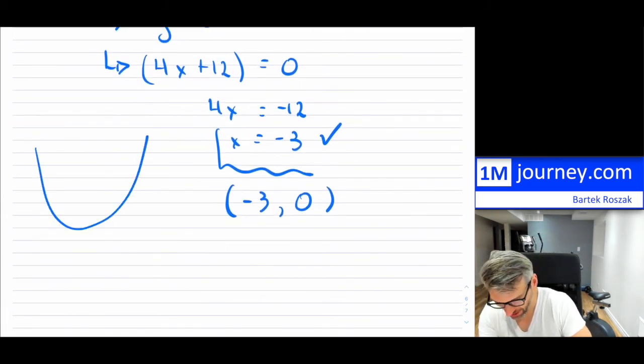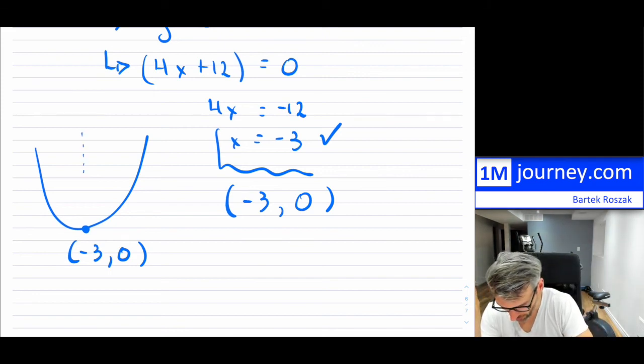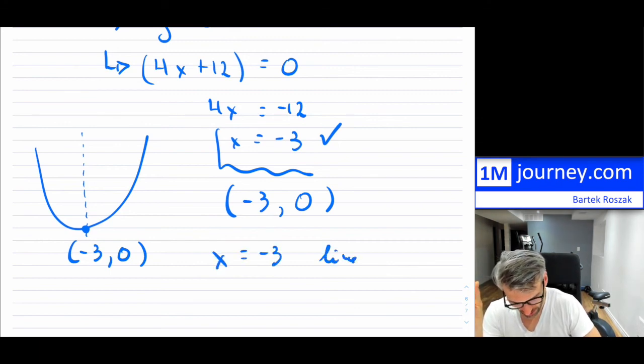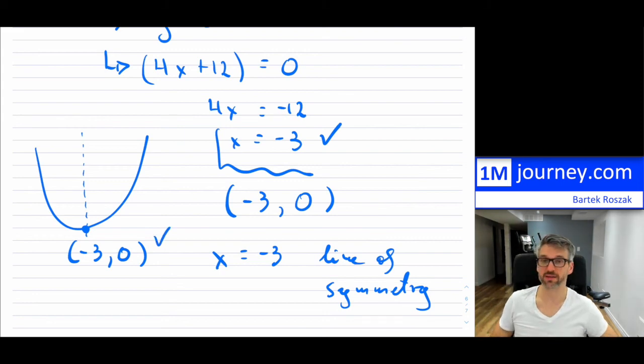So basically what you found is the vertex. When you have these perfect squares, it's great because you can find the vertex right away. And of course, the line of symmetry just goes through that. So that is your line of symmetry, and your vertex is -3, 0.